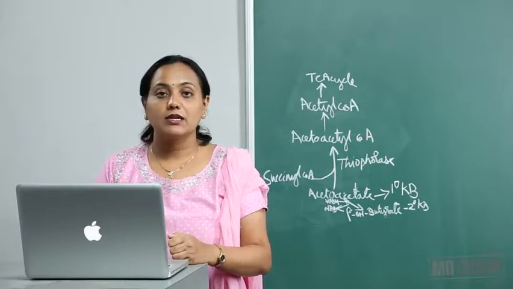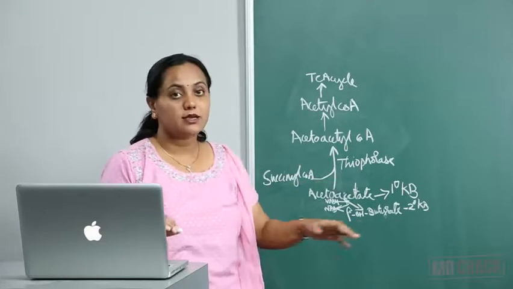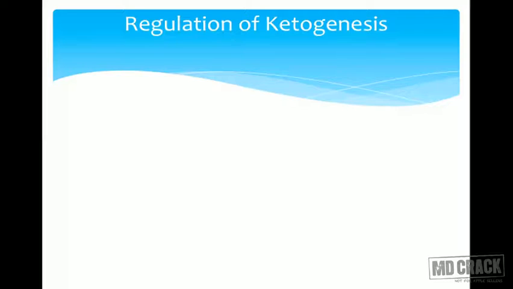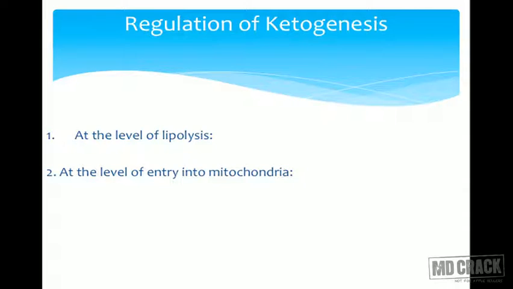So let us look at how this whole thing is regulated. Regulation of ketogenesis occurs at 3 levels. One, at the level of adipose tissue, which has to undergo lipolysis. Secondly, at the level of entry of fatty acids into the mitochondria for beta oxidation. And thirdly, at the level of entry of acetyl-CoA into the TCA cycle.